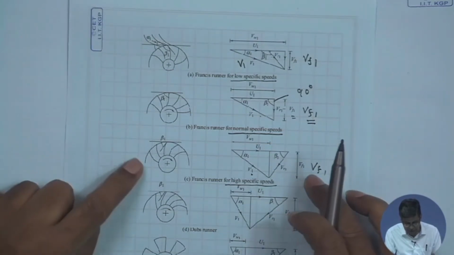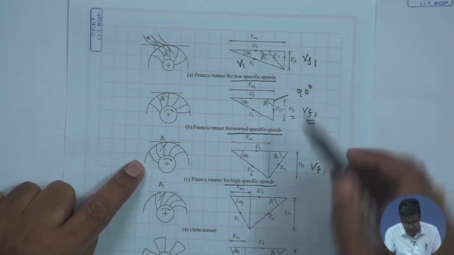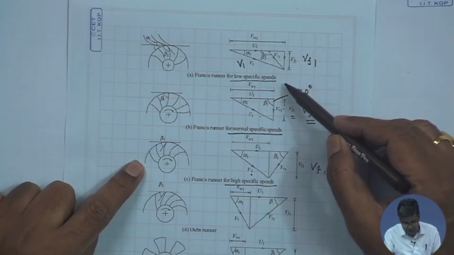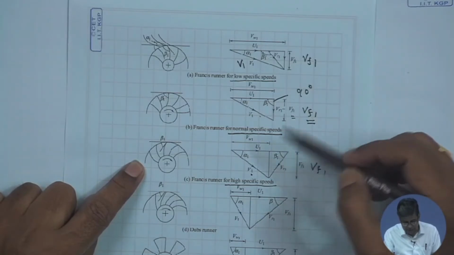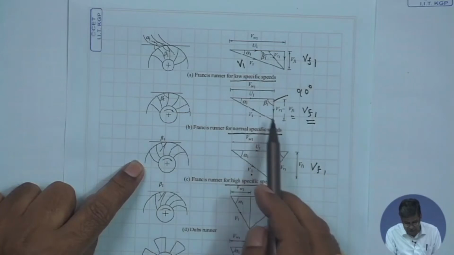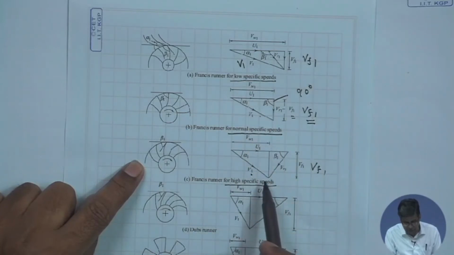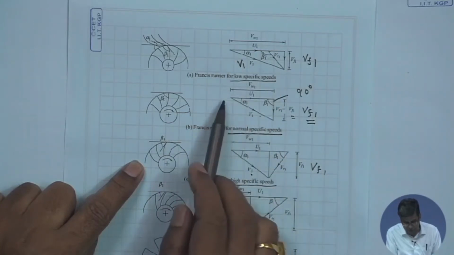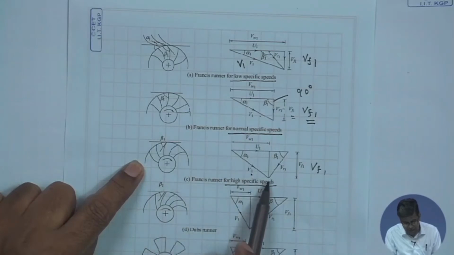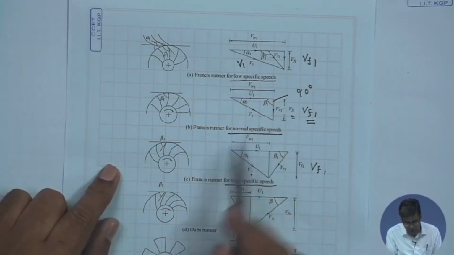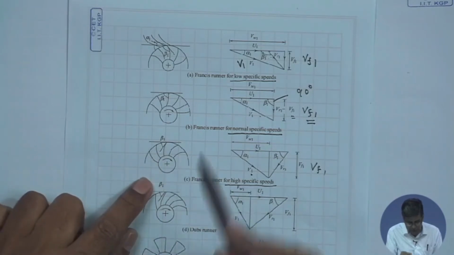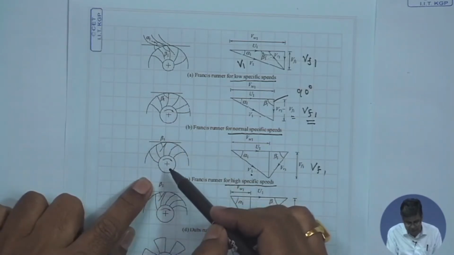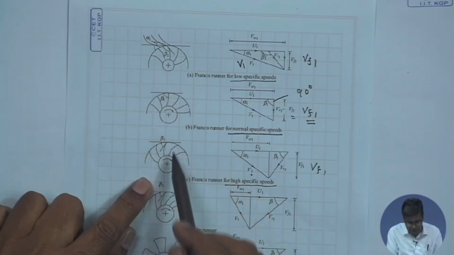That means, what we see up to this is that as we go on increasing the specific speed or reducing the fluid head at the inlet, the flow velocity is gradually increasing and the absolute velocity of water at inlet is gradually decreased. This is done to accommodate more mass flow, but up to this the flow is almost in the radial direction. So, it is a purely radial flow turbine.